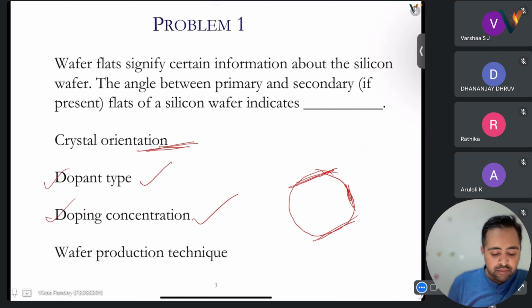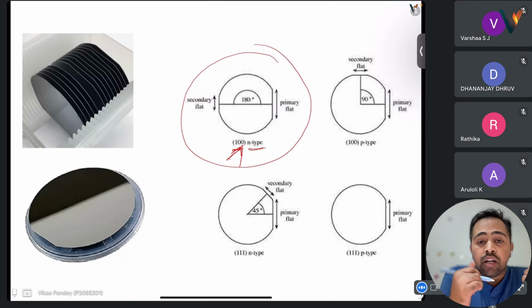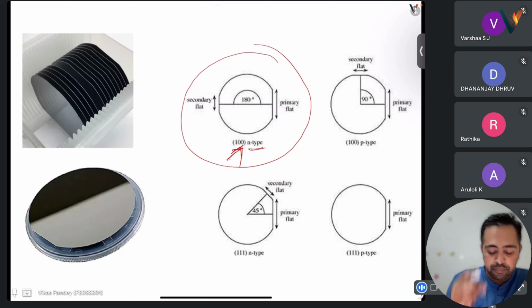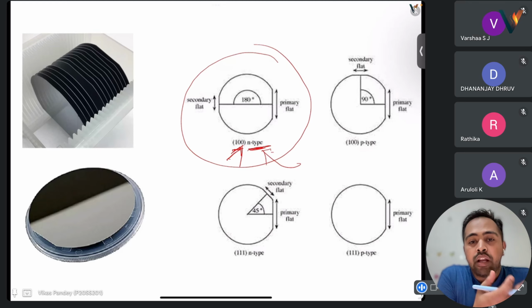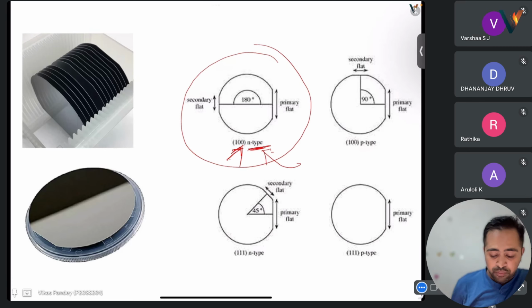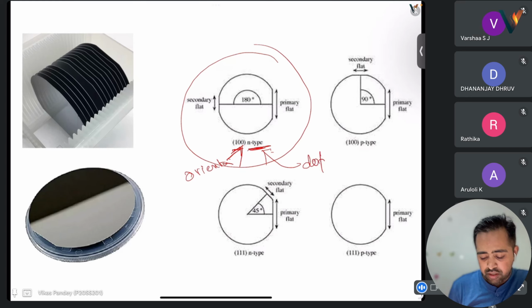And the other one is N type. By N type, we mean it is doped with something that has more electrons, right? N type or negative type, having more electrons. So it is orientation as well as dopant type.